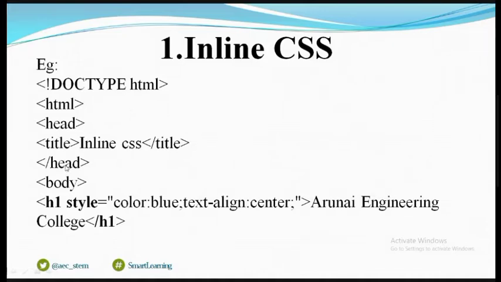After closing the head section, we start our body tag. Inside the body tag, first I will give the sentence Aruna Engineering College. I want to display Aruna Engineering College in blue color and aligned in the center of my web page.